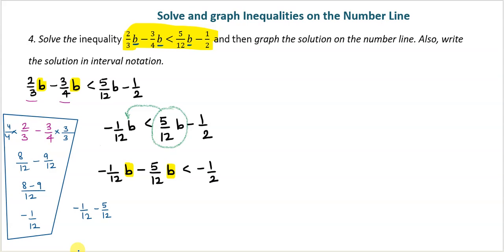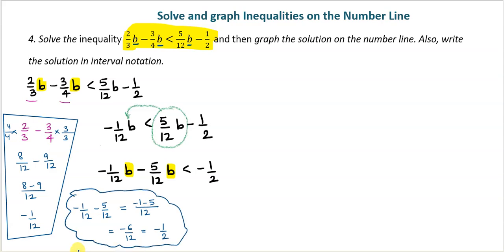Since the denominator is the same, you can write 12, and minus 1 minus 5. Both signs are minus, so you add them. So minus 6 over 12. You know that 12 is 6 times 2, so you can write it as minus 1 by 2. This is the simplification for this last part.